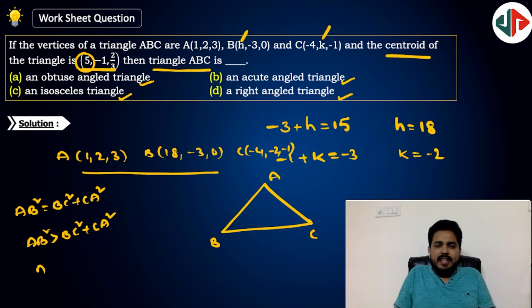So this is 18 minus 1, 17, minus 5, minus 3. And this DR is 18 minus of minus 22, minus 3 plus 2 is minus 1, 1. And this is 1 minus of minus 4, 5, 2 plus 4, and 3 minus of 4. Okay?